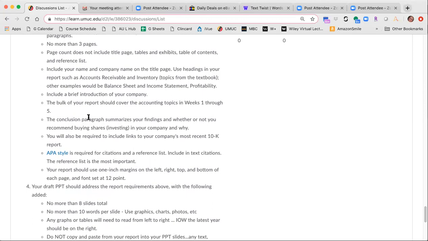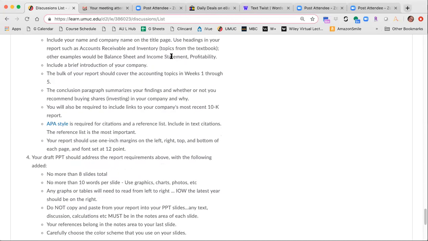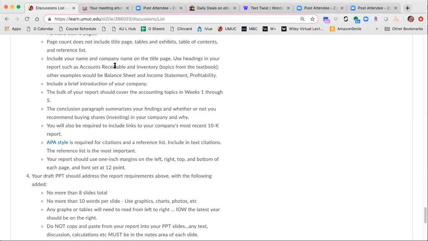You're going to report on the topics that we've covered. Please note that you should be using headers. These are just an example. Don't think that this is comprehensive, because this bullet point says use headings such as accounts receivable, inventory, the balance sheet, the income statement, profitability, but don't limit it to that, because there's also property, plant, and equipment, etc. The emphasis here is to use headings.